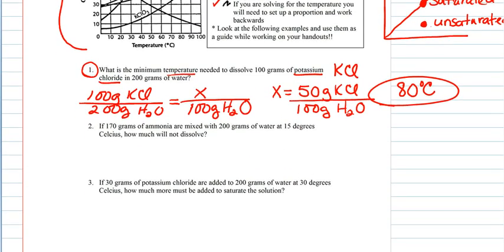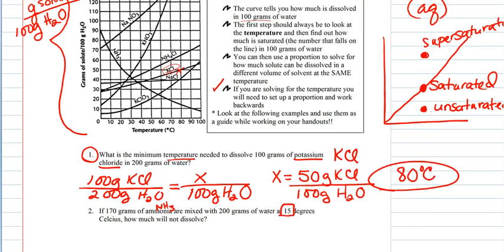Next question. If 170 grams of ammonia are mixed with 200 grams of water at 15 degrees Celsius, how much will not dissolve? Different problem, right? Now I'm giving you a temperature to look at first. So we're looking at ammonia, so that is NH3. I'm going to look at my curve, and I'm going to look at 15 degrees.